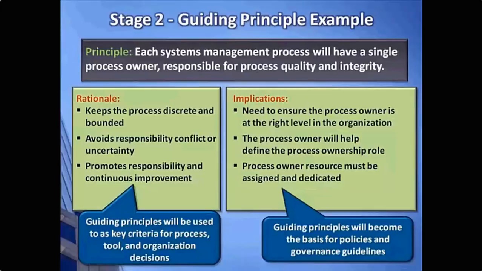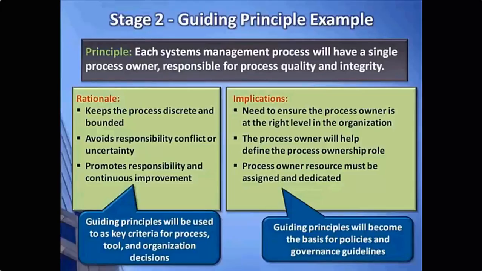So the owner has a very specific area and it prevents finger pointing across the organization. It avoids responsibility conflict or uncertainty, who really owns a particular process or not. It promotes responsibility and continuous improvement because we're going to use this to assign improvement activities and responsibilities for improving processes to specific individuals with that specific ownership role.